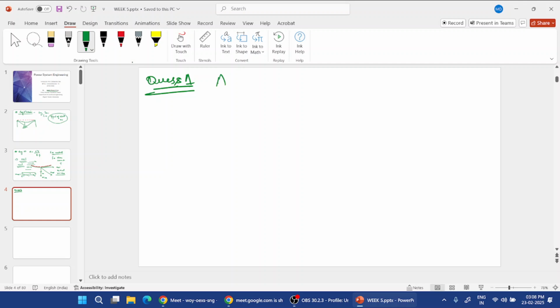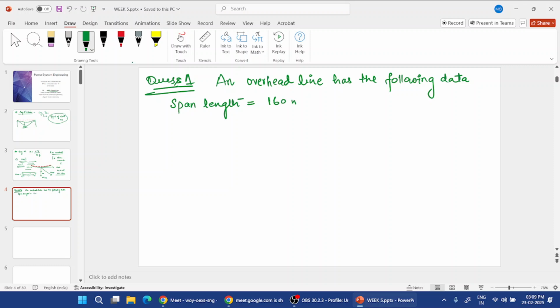An overhead line has the following data. Its span length is 160 meter.